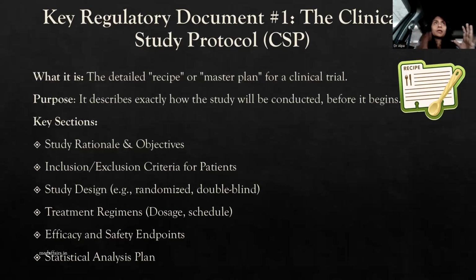What would be the primary and secondary outcomes, right? Everything would be there in this clinical study protocol. So in a way, it would be a table of contents which will give the reader a comprehensive idea about the structure of the clinical study.